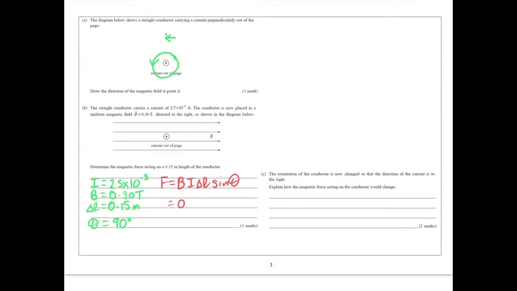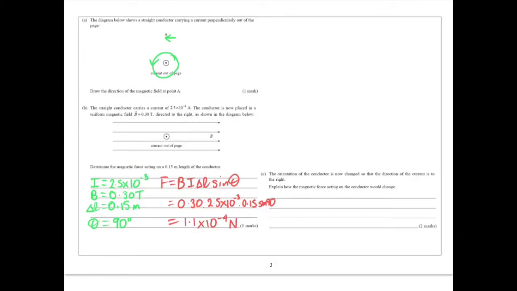So that's equal to 0.30 times 2.5 times 10 to the minus 3 times 0.15, that's in metres, so that's all good, times the sine of 90, and that should be equal to, let me pause and get my calculator. Okay, so we've got 1.1 times 10 to the minus 4 newtons.